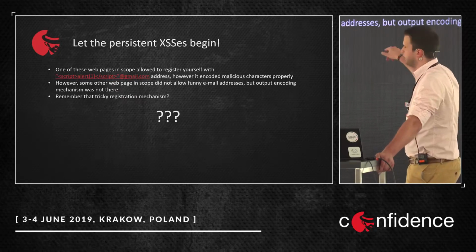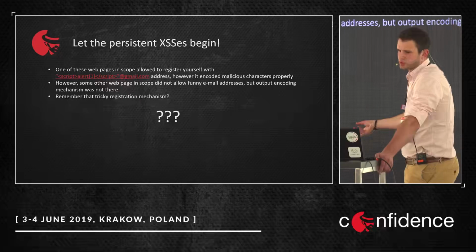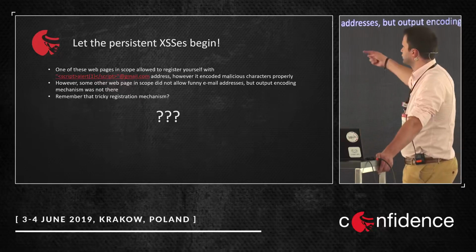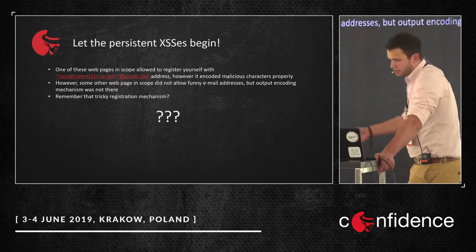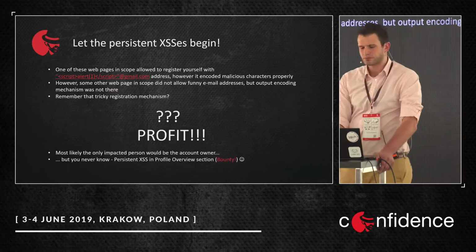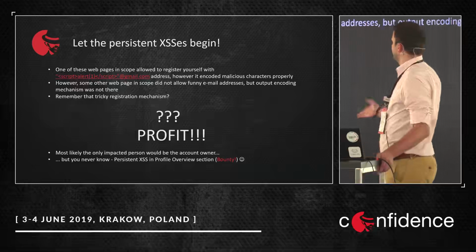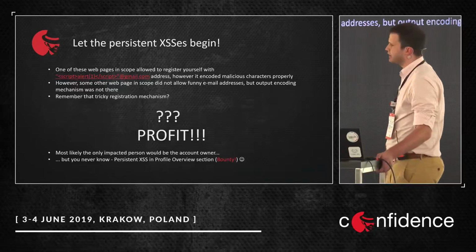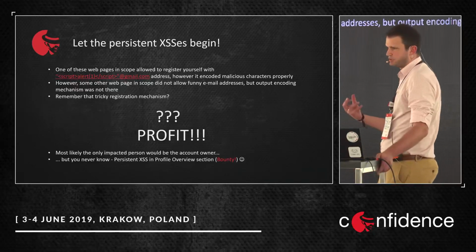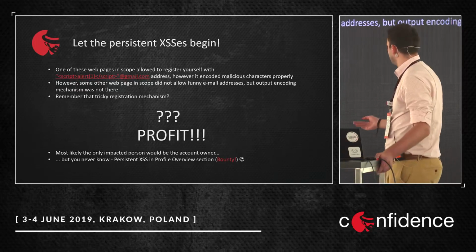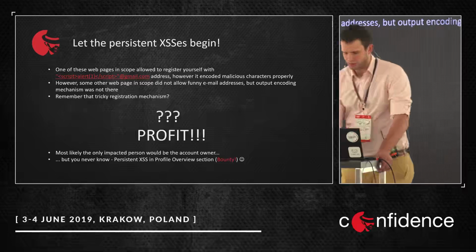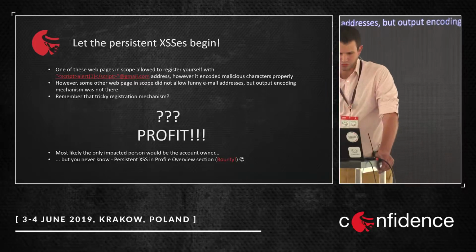However, the other application, which used the same user database, was not protected from this kind of attack, so this resulted in persistent XSS. Most likely the only impacted person would be the account owner, because that's the only place where you can see the user email address. However, they still paid the bounty for that, so I was happy.